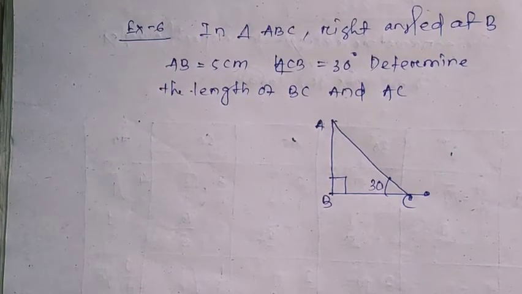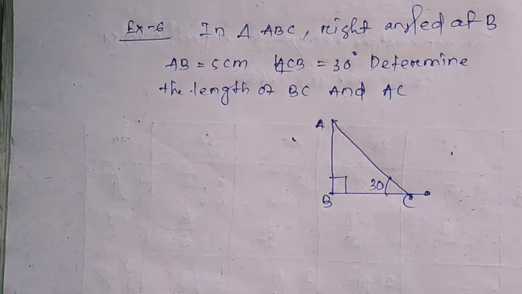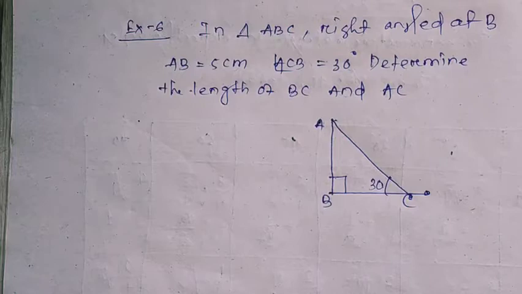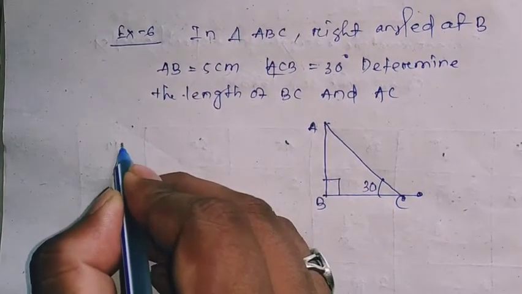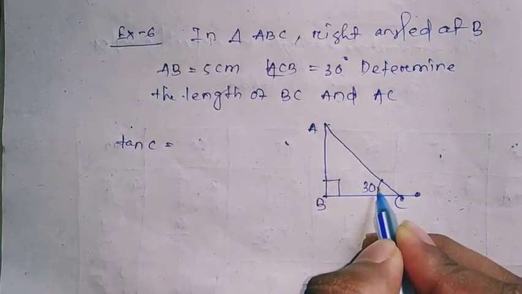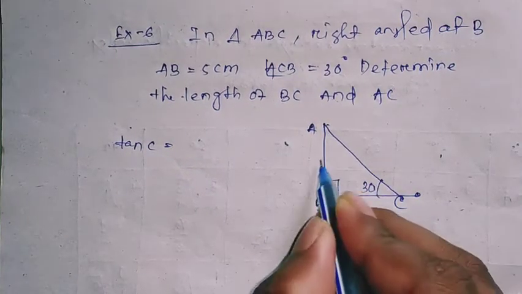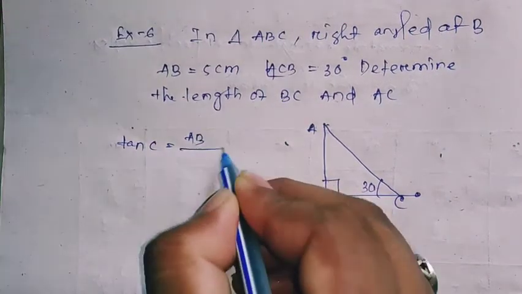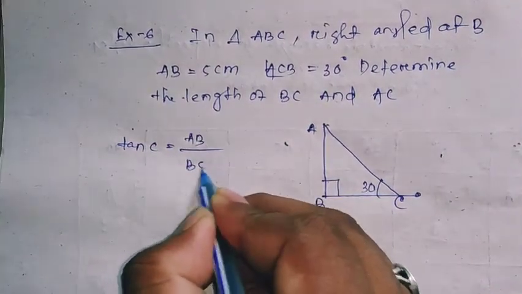So here is example 6. In triangle ABC, right angle at B, AB is equal to 5 cm, angle ACB is equal to 30 degrees. Determine the length of BC and AC. So here I can apply, for angle C, tan C is equal to P by B. P means AB by BC.